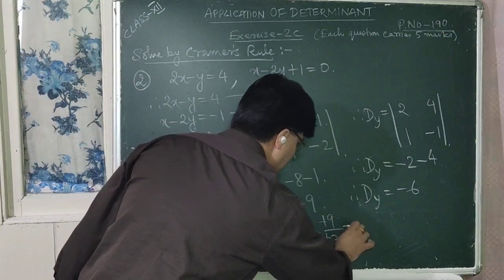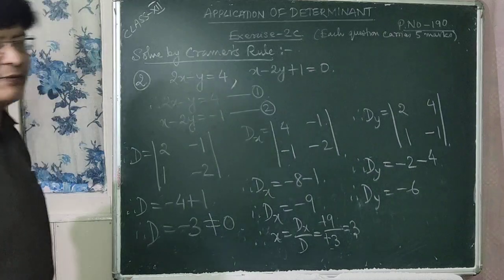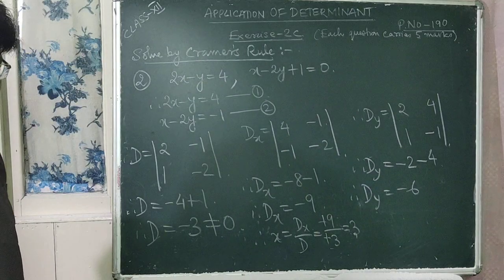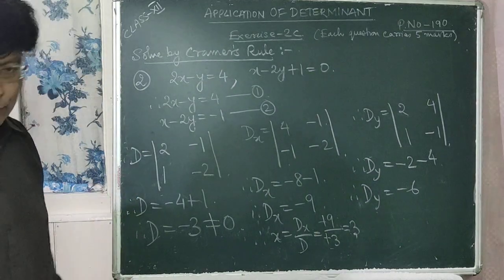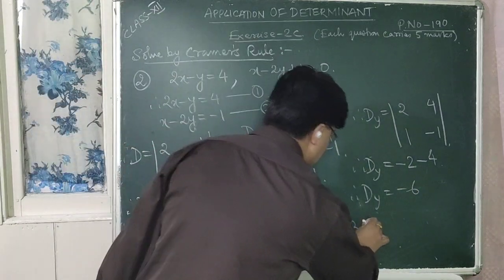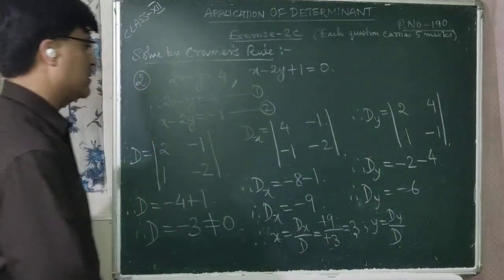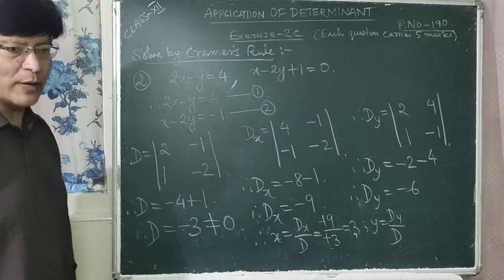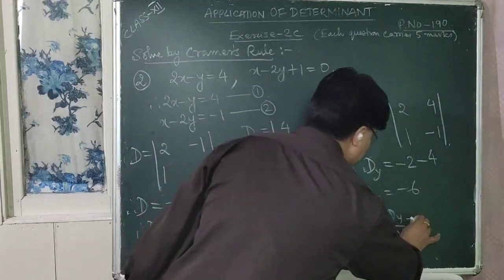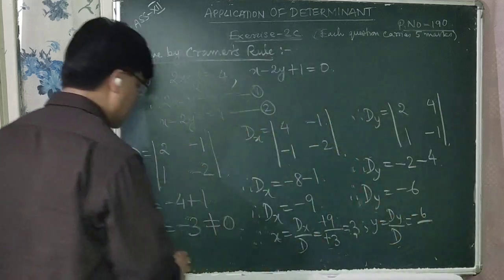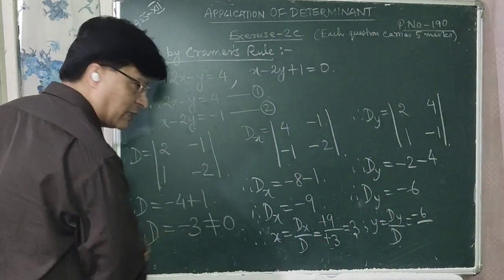So minus minus gets cancelled, which is equal to 9 divided by 3, which is 3. Next, what is y equal to? dy by d, right? So y is equal to dy by d. What is dy? Minus 6 divided by, what is the value for d here? Minus 3.